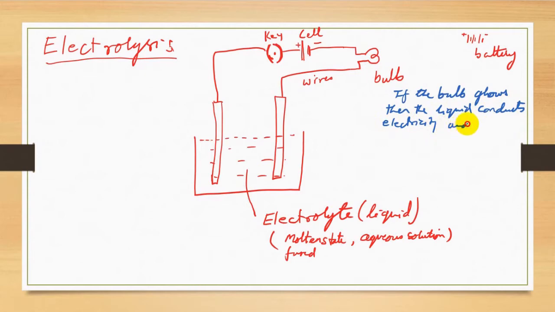And the liquid is called electrolyte. That means this liquid can conduct electricity. We'll call them electrolyte. But if the bulb does not glow, then what will you call it? If it does not glow, then the liquid does not conduct electricity, isn't it?